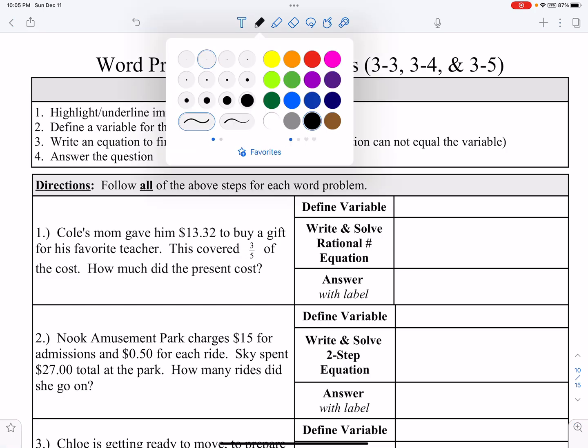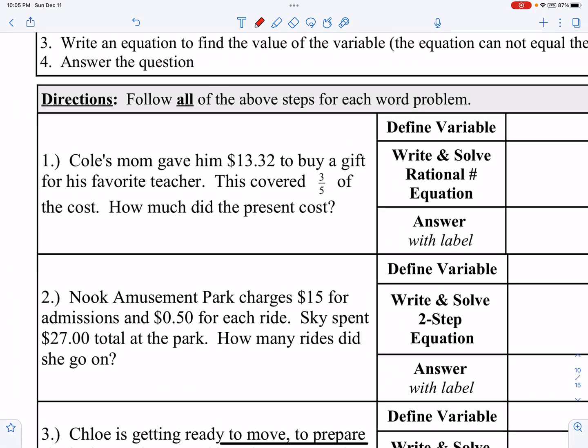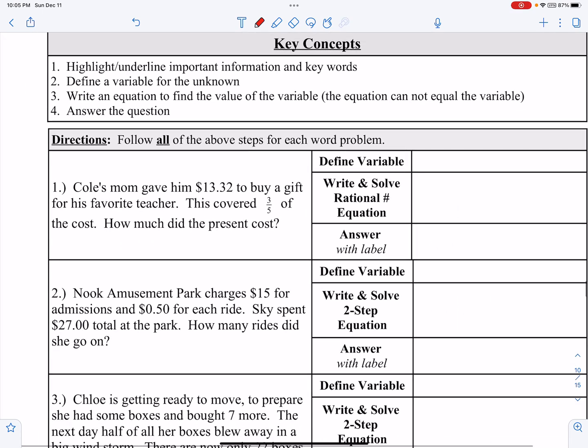And so that's where we're going to start off with today, is really identifying with each word problem, what is our variable going to be? And then we really want to focus on those keywords that are giving us hints to the operations, and then use a lot of just common sense and reasonableness as we go. So Cole's mom gave him a certain amount of money to buy a gift for his favorite teacher.